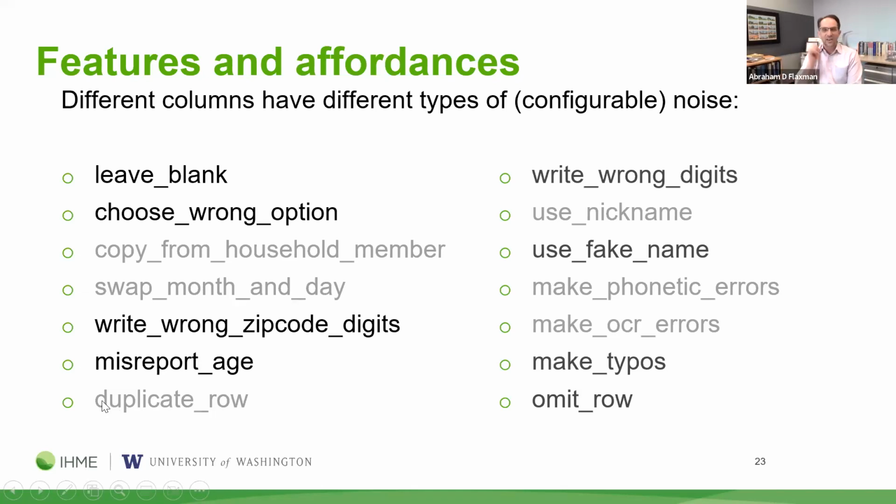This is grayed out because we don't have it yet, but the researchers I'm working with have thought about specific ways that someone might show up twice that might be slightly different and a challenge for this kind of work. Like I was saying, these are grayed out because they're not available in the pip install pseudopeople version now, but I think this is in the develop branch on the GitHub at this point.